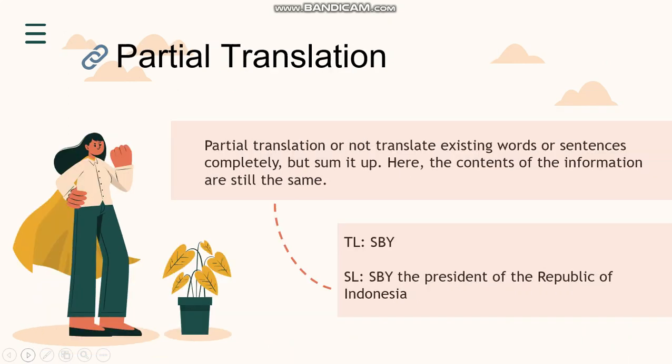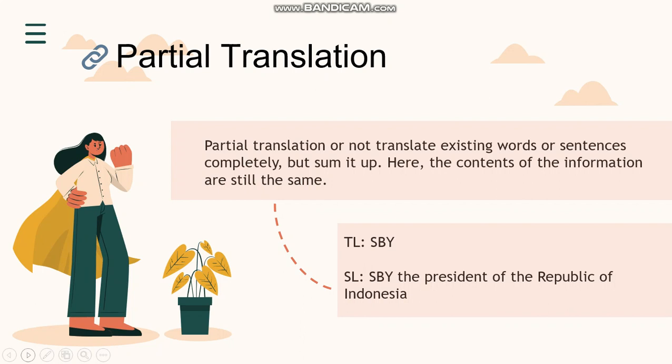Alright, next there is partial translation. Partial translation is a translation strategy that does not translate existing words or sentences completely. So you can check the example here. In the source language, the translator said "SBY the President of the Republic of Indonesia," while in the target language, the translator translated it into "SBY."